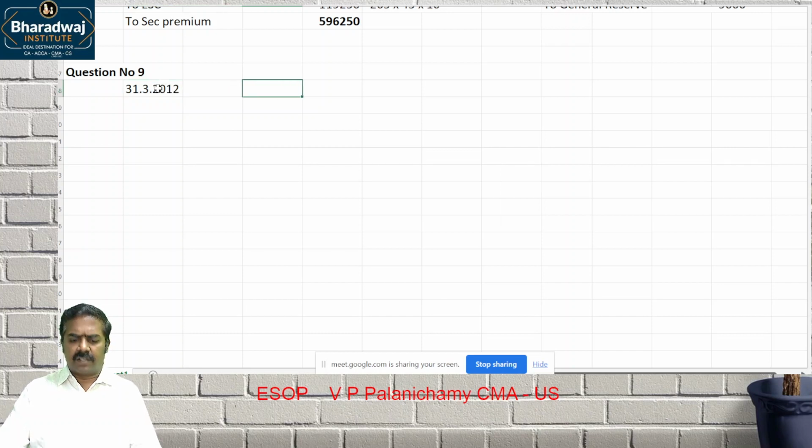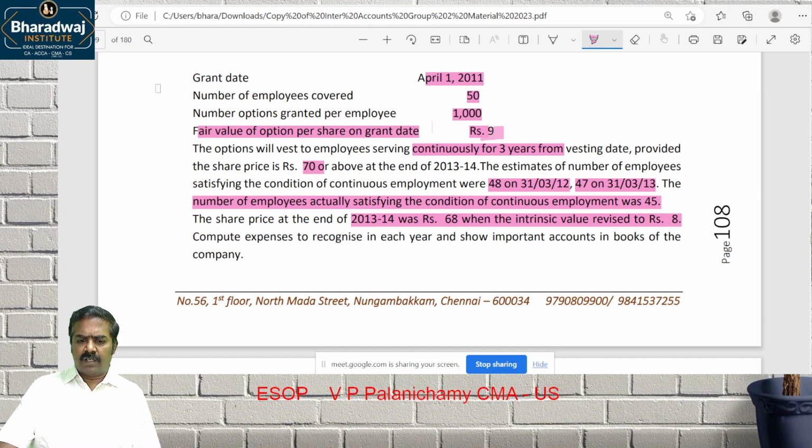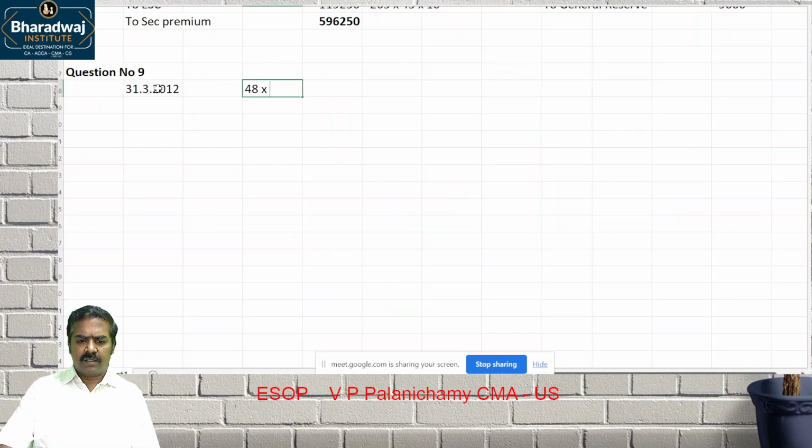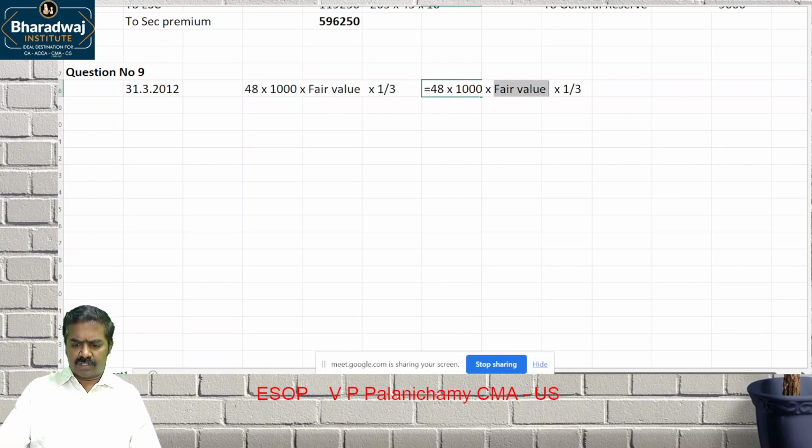How many employees are there? 48 employees, into the number of options per employee, 1000, into the fair value 9, into 1 by 3. This is the expense for the first year.